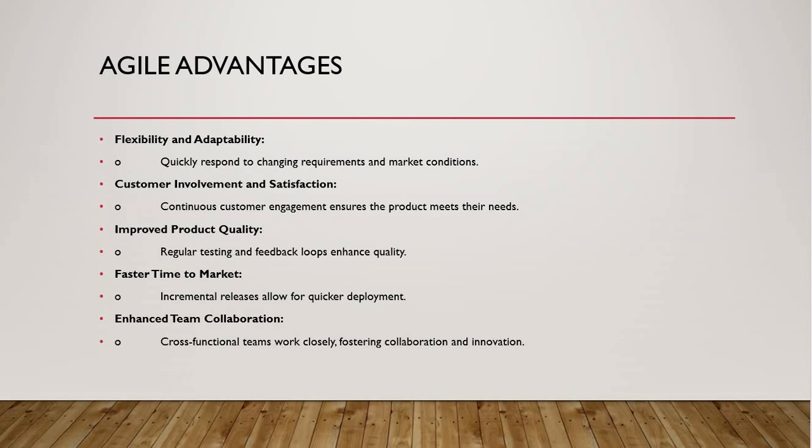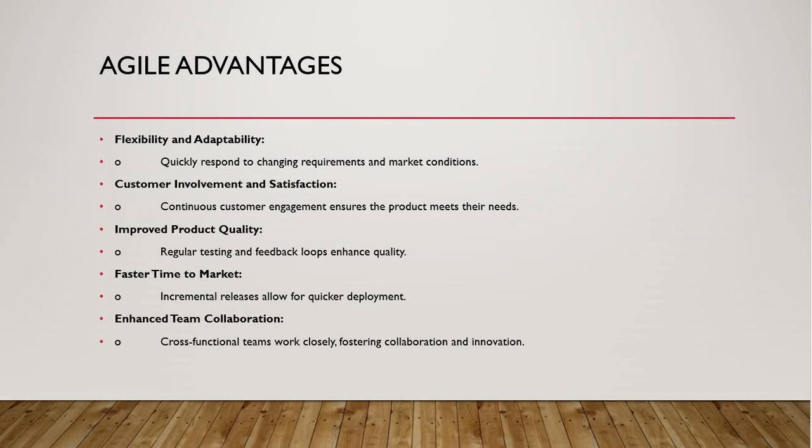Regular testing and feedback loops enhance quality. Of course, when we have flexibility and regular communication with the customers, we are going to have regular testing and also feedback from the customers. Indirectly we can improve the product quality, rather than just developing the software and then finally only showing the final product to the customer.